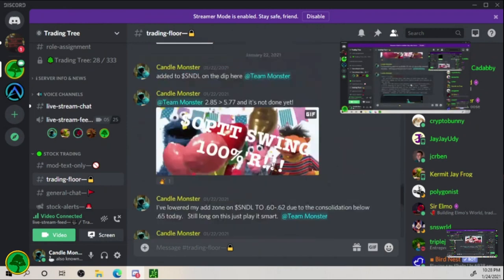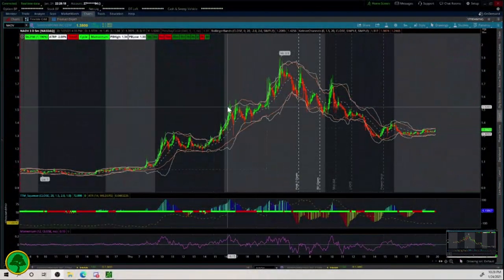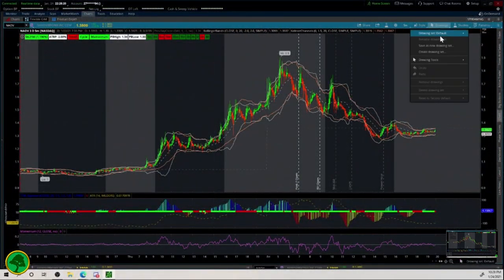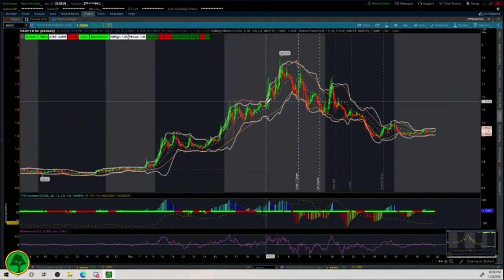So anyway, the point with a play like this, if I point out a wedge on trading floor or wherever, I'm playing that setup. So this particular setup, that's that wedge right here that you see on this chart. That's this wedge here.